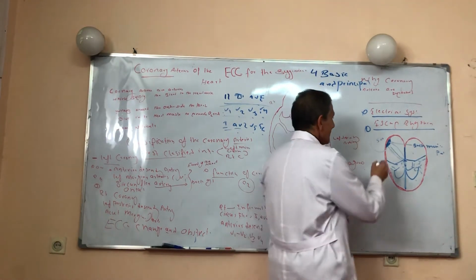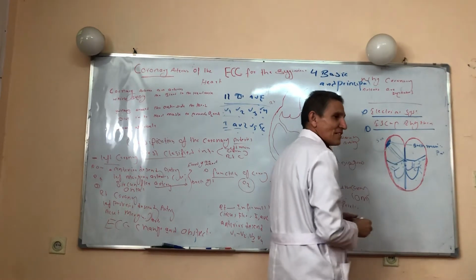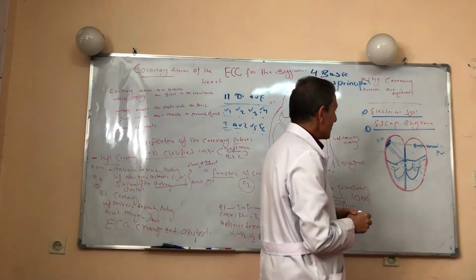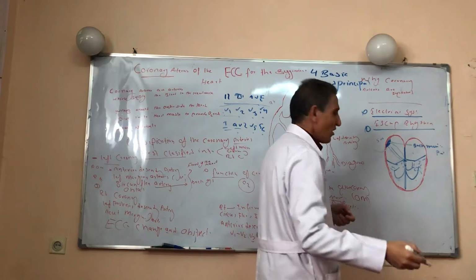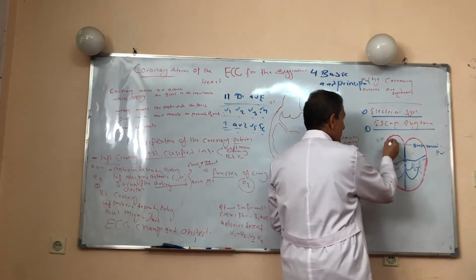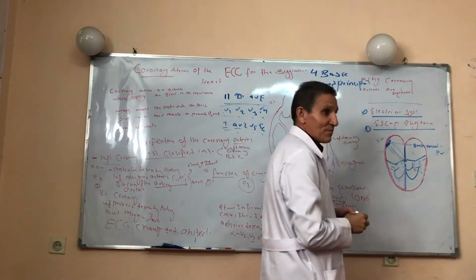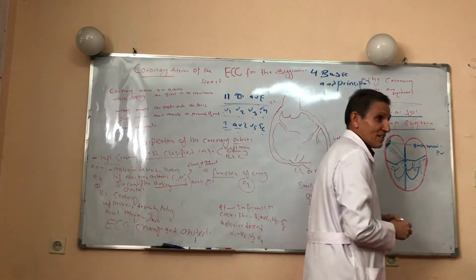What will happen to the heart? If this condition is prolonged and the SA node does not resume its function, the patient may develop asystole and death.